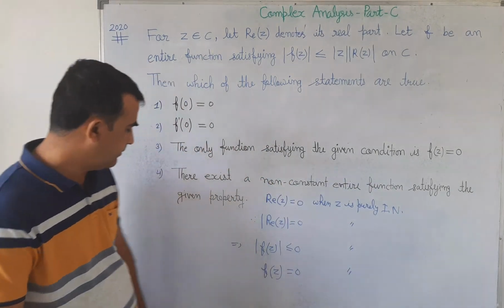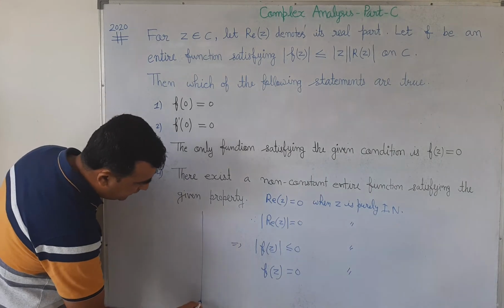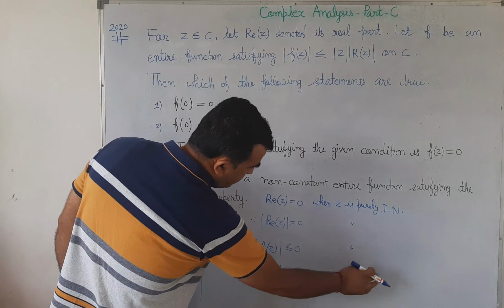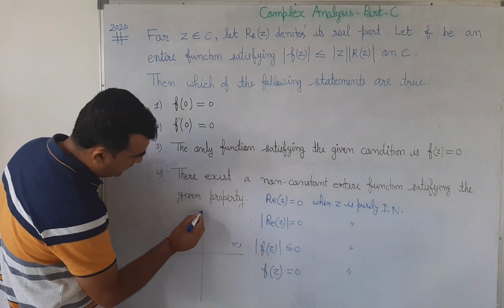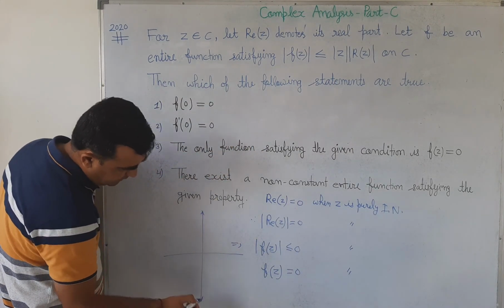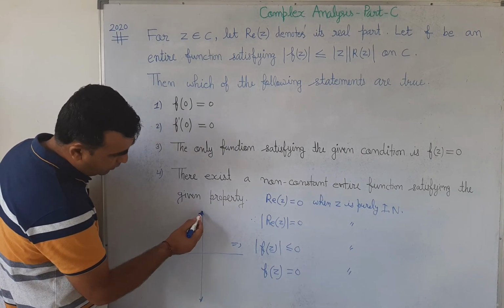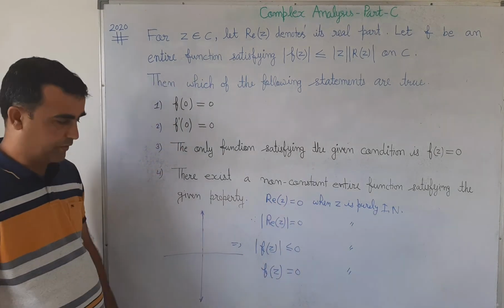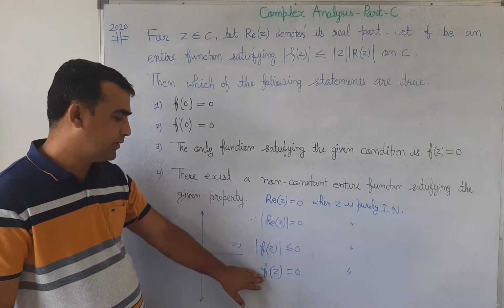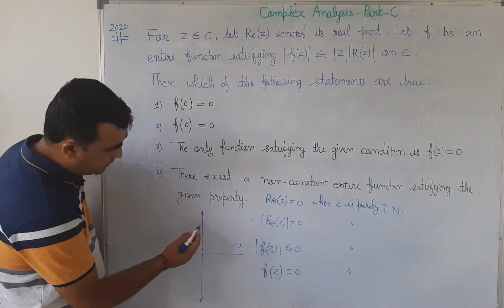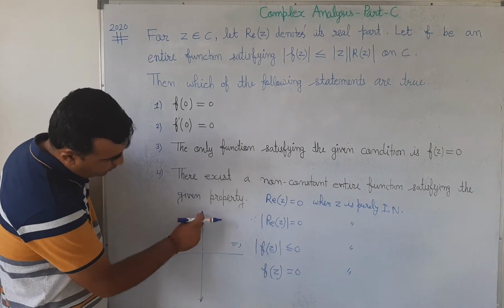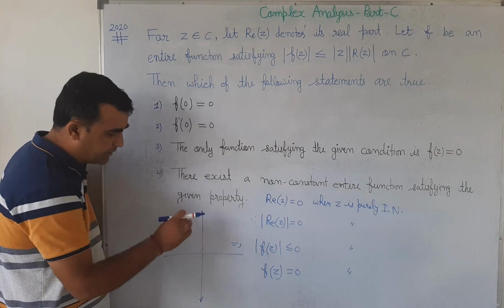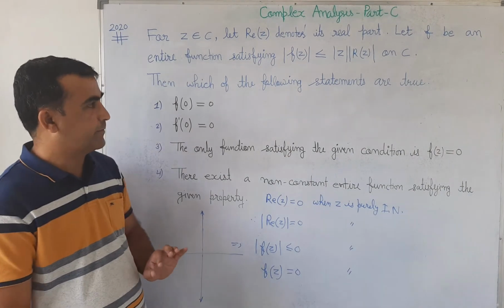From here what do we see? We see that these purely imaginary numbers, which lie on the imaginary axis, are all zeros of this function. Also all these zeros are limit points of this imaginary axis set.